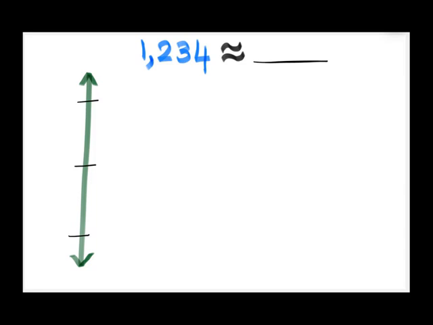Let's move on to the next question. The next number that we are going to round is 1234. Again we need a number line to model our thinking, and we also need to label the end points. The first end point will be 1200, and the other end point will be the next 100, which is 1300.